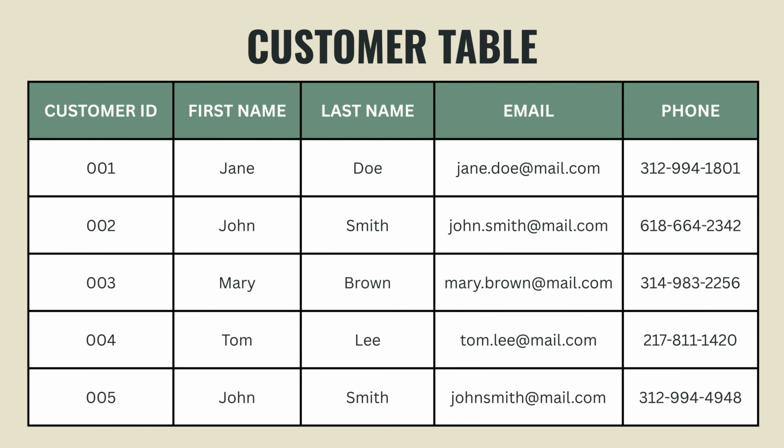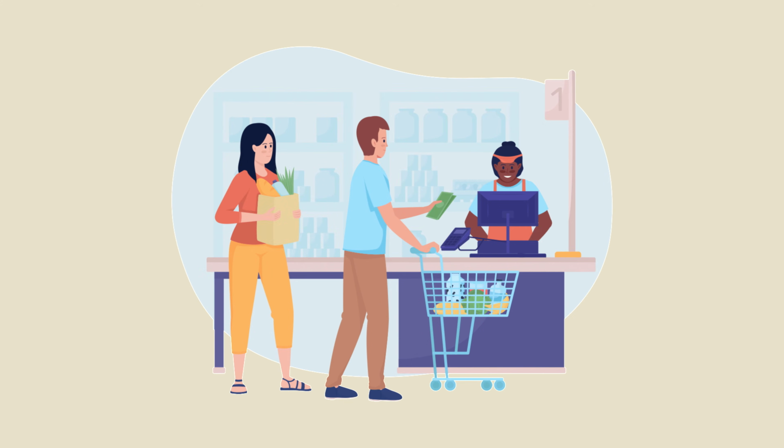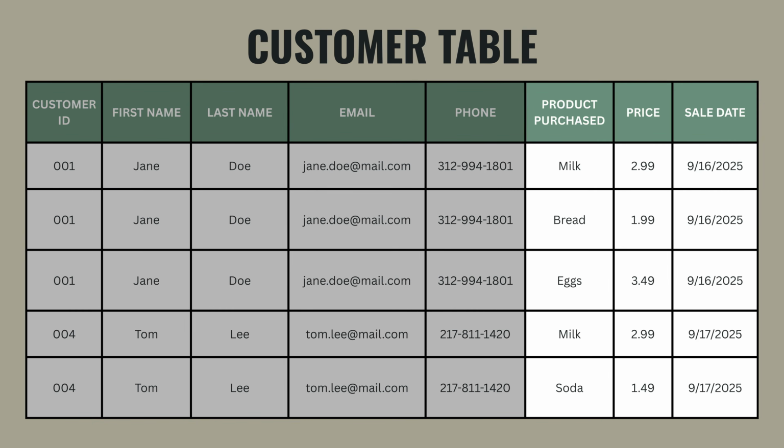Now, imagine one of these customers visits our store and makes a purchase. Suddenly, we need to track not just the customer, but also the product they bought, and when they bought it, and how much they paid. One option would be to jam all of that information into our customer table.